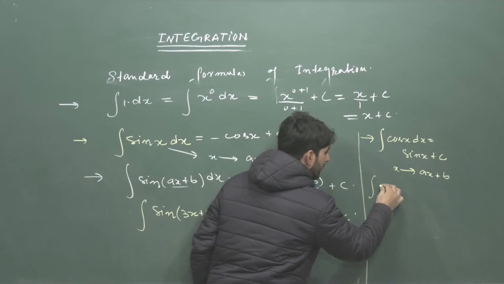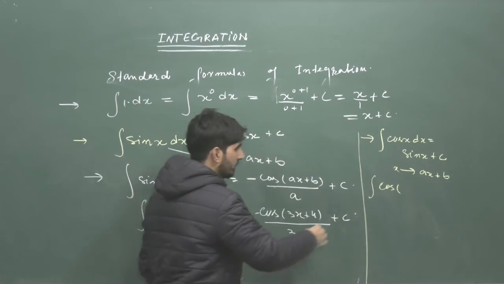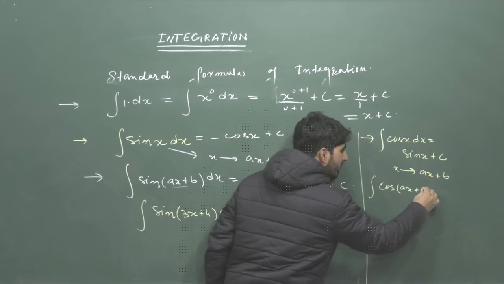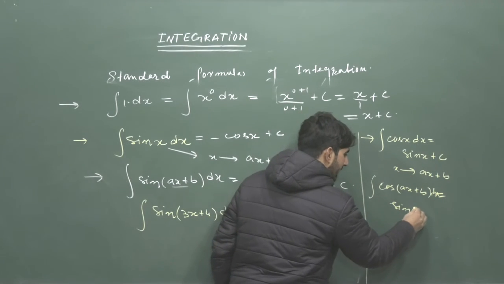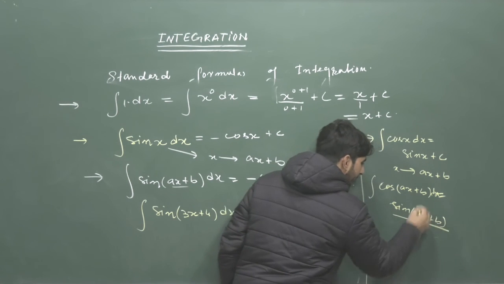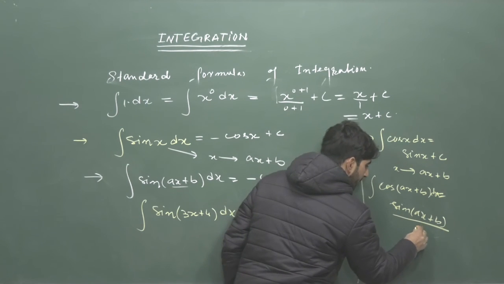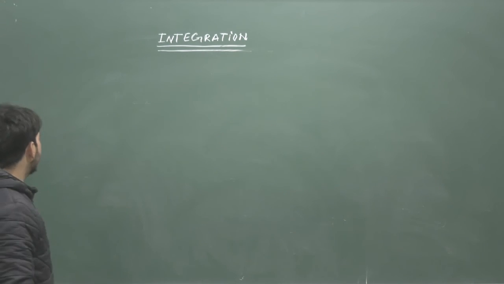Integration of cos of ax plus b will be sin of ax plus b divided by a plus c.